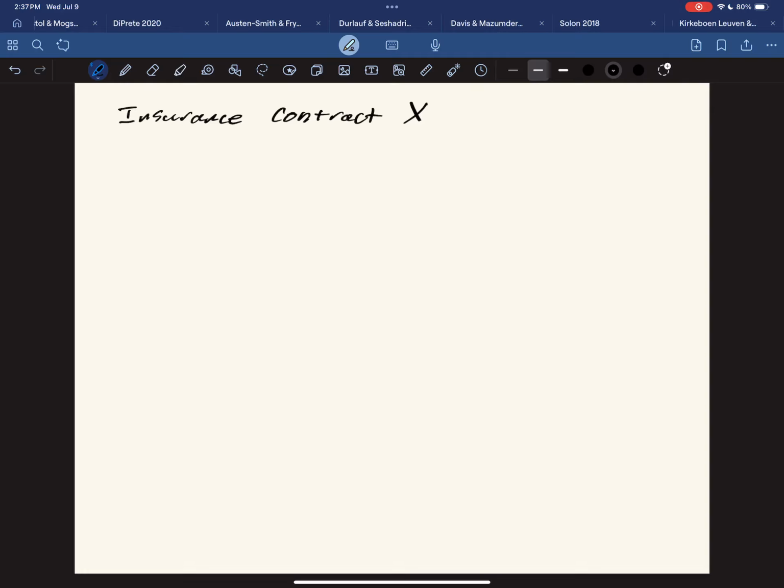Let's look at insurance contract X. It's going to have premium R and payout Q, and Q is going to equal IH minus IS.